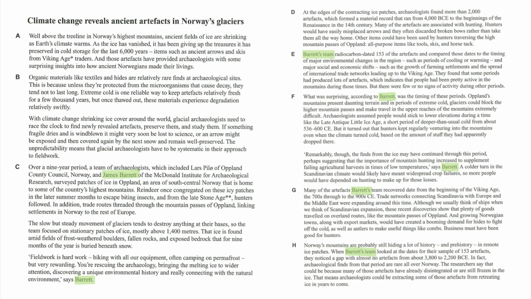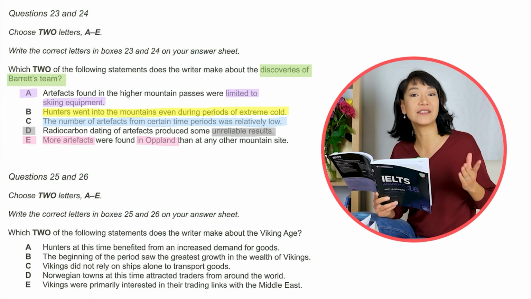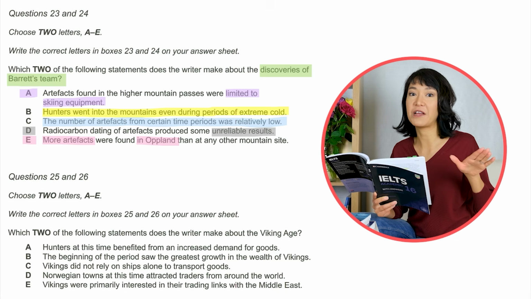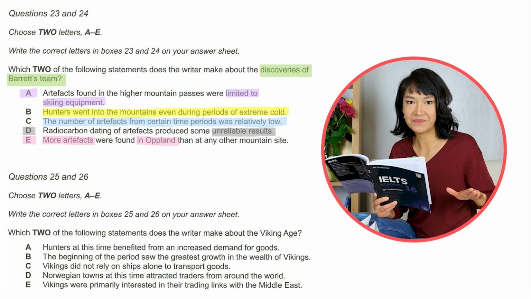The whole text is about Barnett and his team, apart from perhaps the first 2 sections, A and B. Because there is too much to read, I'm just going to show you where I found the answers directly.